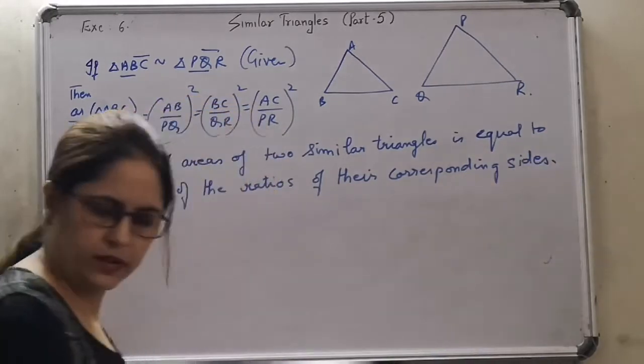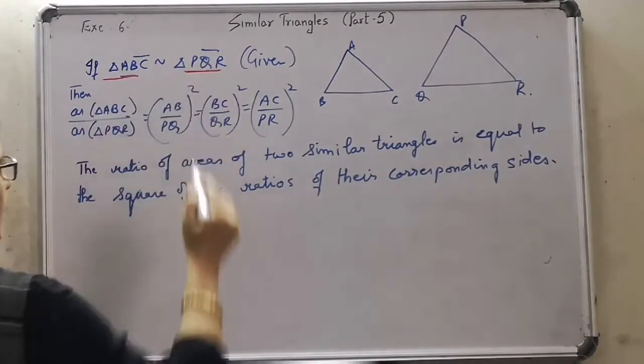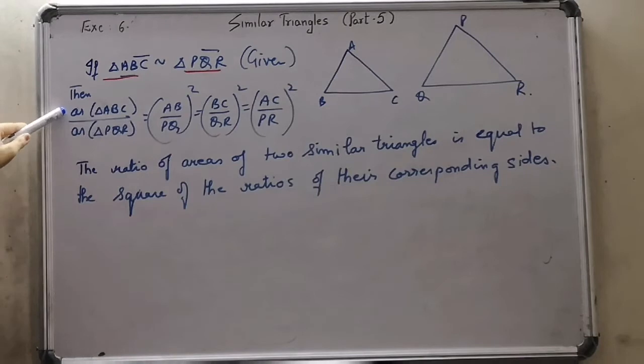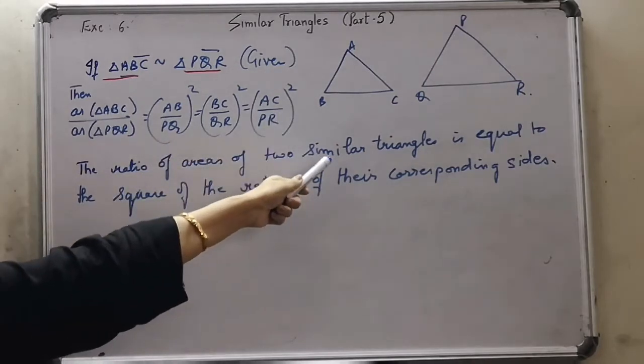Now try to understand it. अगर हमें दो ट्राइंगल सिमिलर दे दी गई हैं तो उन दो सिमिलर ट्राइंगल्स की एरियाज की जो रेशियो होगी, that will be equal to the squares of the ratios of their corresponding sides.